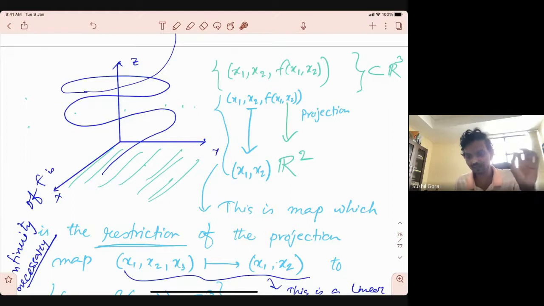And the aim is, in general, if you want to show something is a surface, you want to show it is locally of this form. This is very, very important.